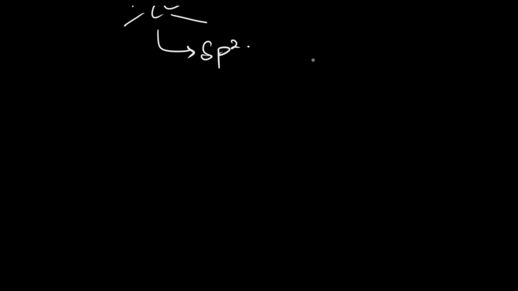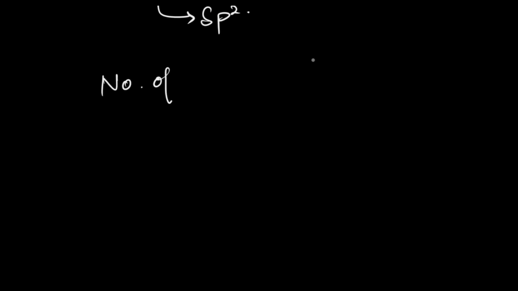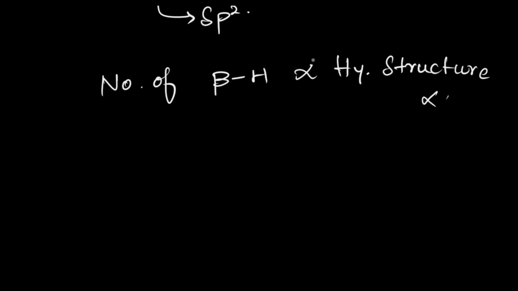How can we determine how many can be written? The number of beta hydrogens is proportional to the number of hyperconjugative structures. The more hyperconjugative structures, the more the stability.